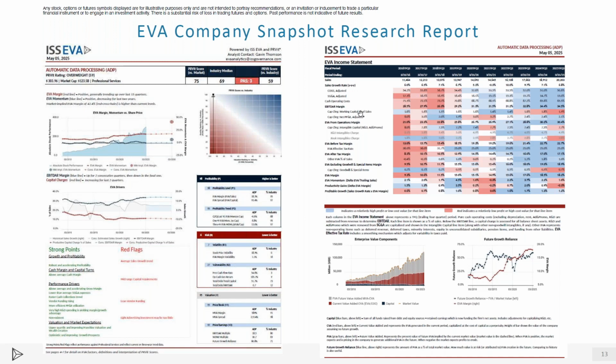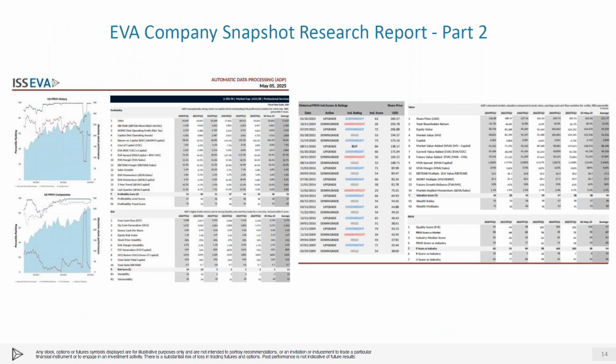So it gives good transparency in terms of the as-reported or historical numbers, but also the consensus numbers as well. And then that bottom right is bringing in the enterprise value chart, which I ran through, and that future growth reliance chart as well.